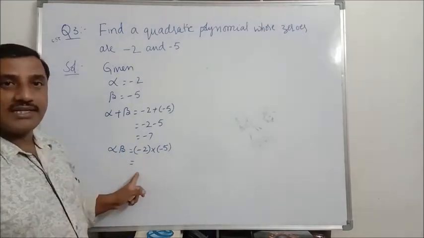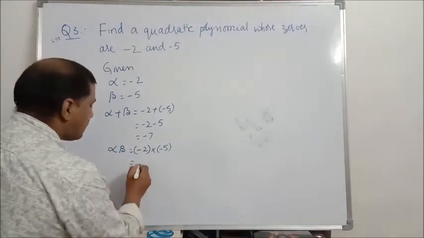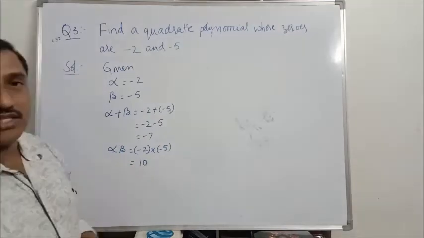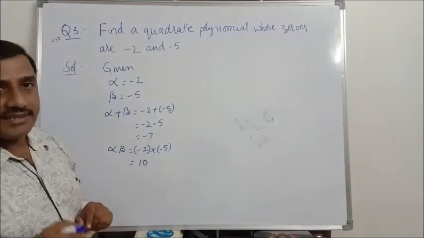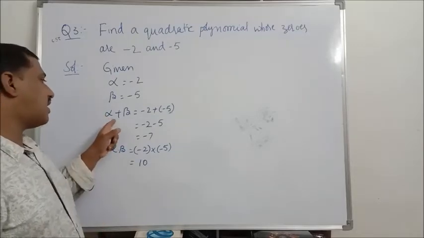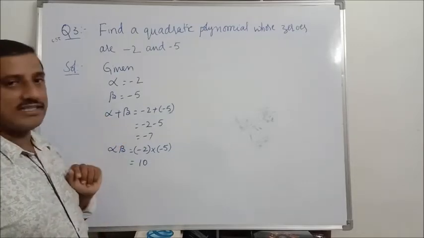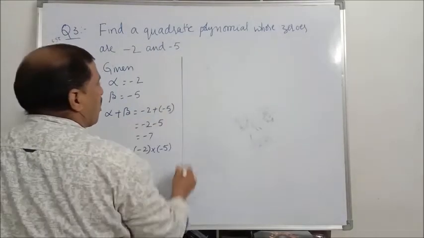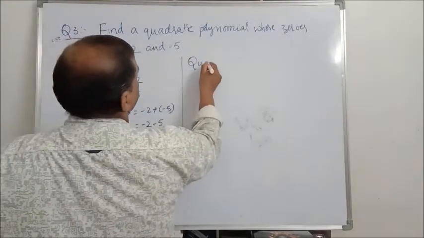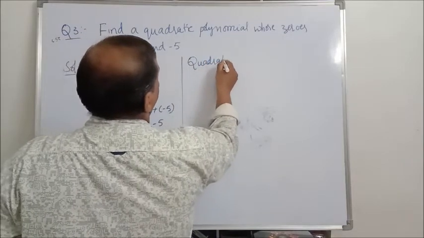Minus into minus is plus, 2 into 5 is 10. Therefore, the product of the zeros is equal to 10. The sum of the zeros is equal to minus 7. Now we know the sum of the zeros is minus 7 and the product of the zeros is 10. So now the quadratic polynomial is equal to the required quadratic polynomial.